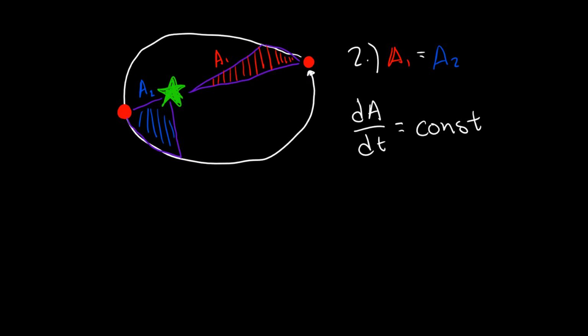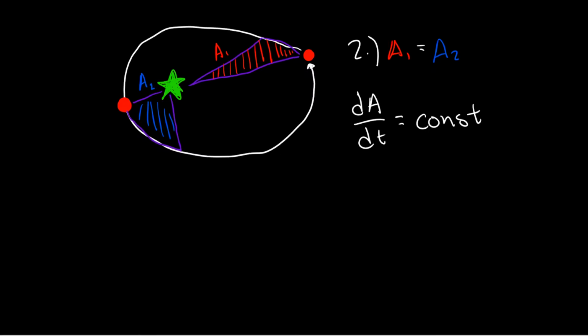So how much the total area that this line sweeps out changes in a fixed amount of time is always going to be a constant. That's Kepler's second law. And from these two things alone, we can find a very interesting fact about gravity and how gravity acts on bodies.